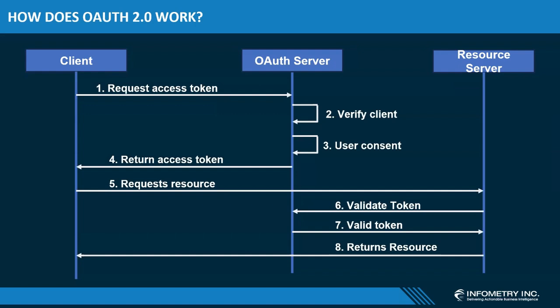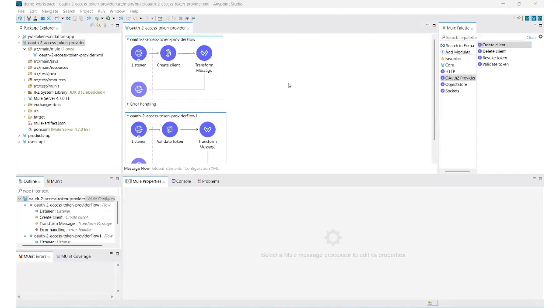Now we are going to see how to create an API, create an OAuth 2 access token provider, and how to apply an OAuth 2 policy. I have created a Mule application which can provide an access token.